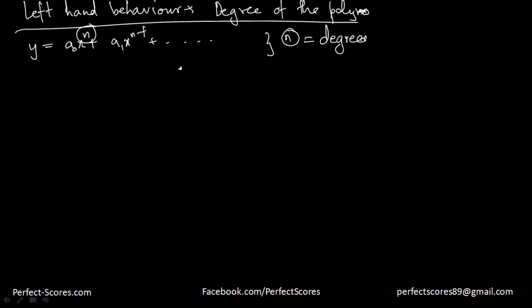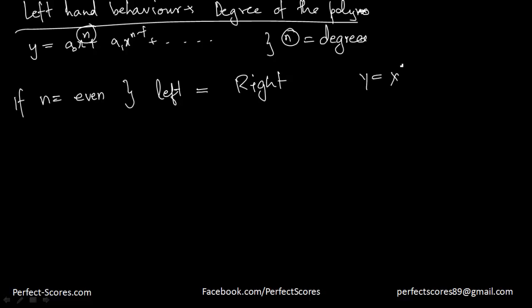So the degree can tell us that if the value of n is even, then the left hand side of the y-axis would be completely the same as the right hand side of the y-axis. Let's say y is equal to x squared. As you can see, the left hand side of the y-axis is completely equal to the right hand side.